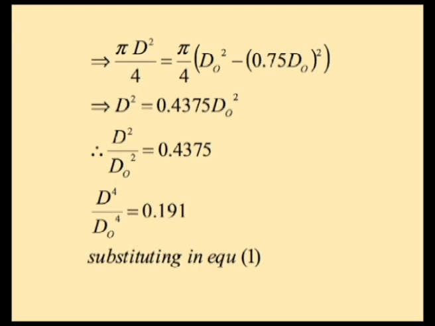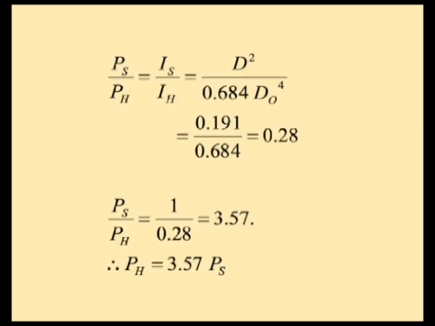So, we get d squared equal to 0.4375 do squared. That means the ratio of d squared by d naught squared equal to 0.4375, and if you square on both sides, you will get d power 4 by d naught power 4 equal to 0.191. We are getting the fourth power because we already have the ratio of P s by P h, that is, strength of solid column to strength of hollow column, equal to I s by I h, and they are in terms of d power 4 by some 0.684 d naught power 4.